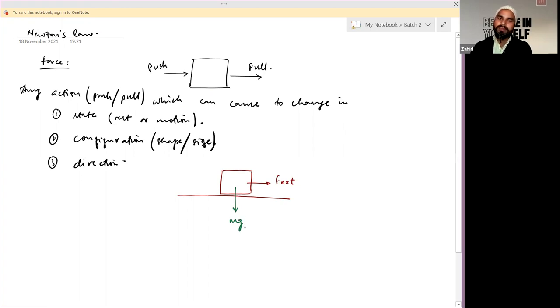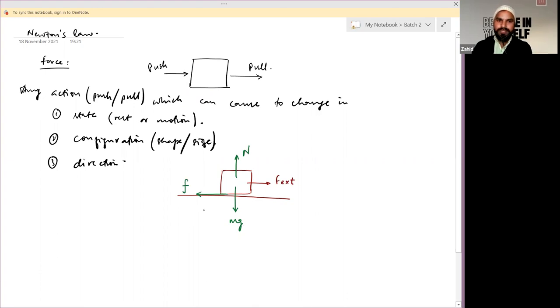To balance that gravitational force, there will be a normal reaction provided by this surface against it along this direction. And there will be another force due to roughness of the two surfaces in contact, opposite to its motion, that will be called friction. So mainly a body will have these four different forces acting at any instant.